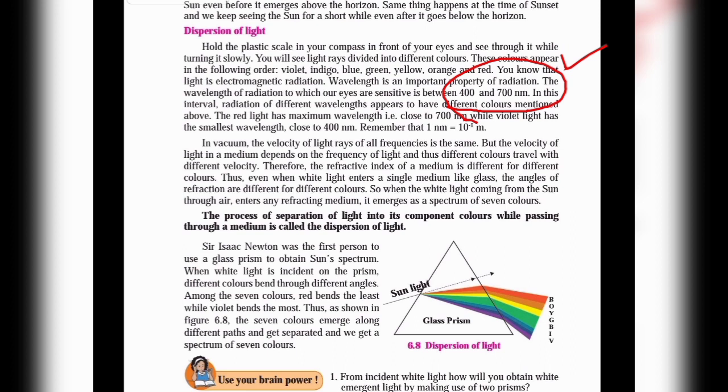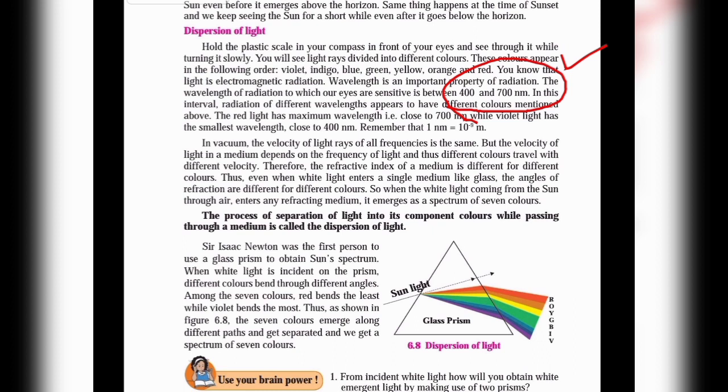Remember, this is a very important point for a multiple choice question, because our eye's sensitivity is between 400 nanometer to 700 nanometer. That means we can see only objects in the range of 400 nanometer to 700 nanometer.